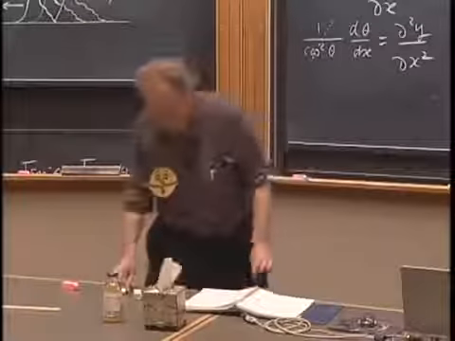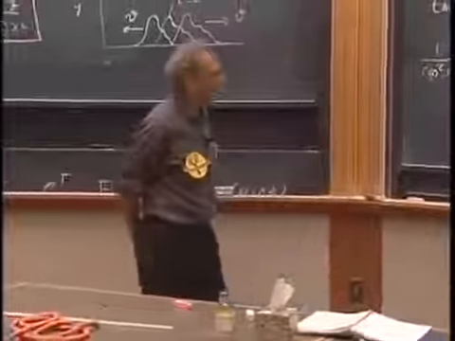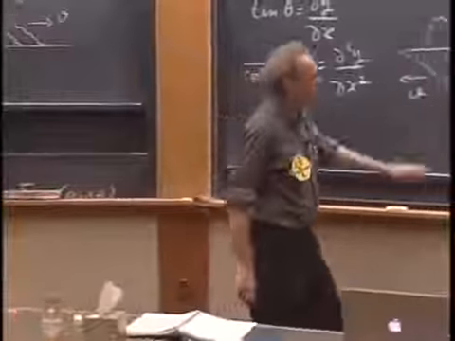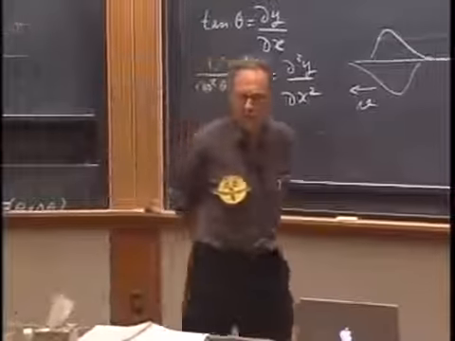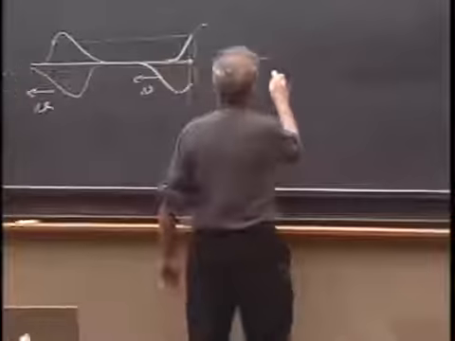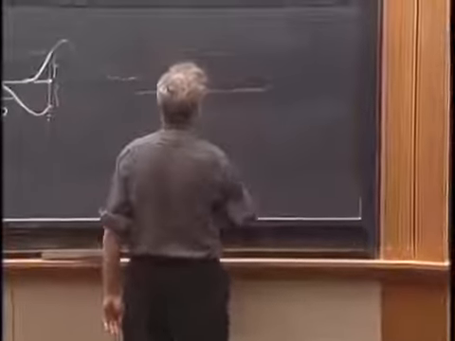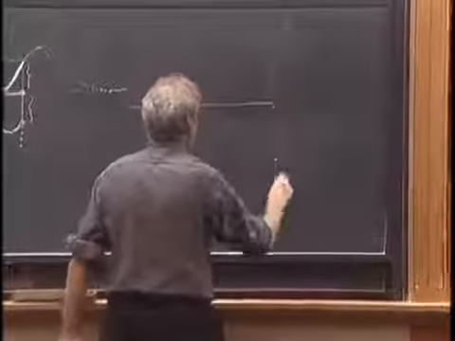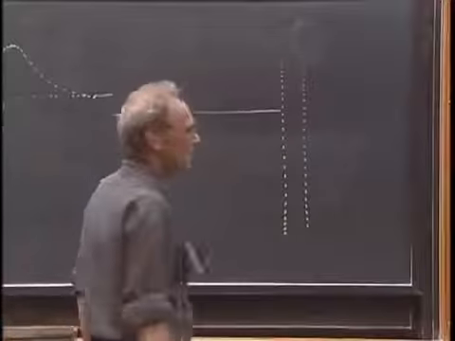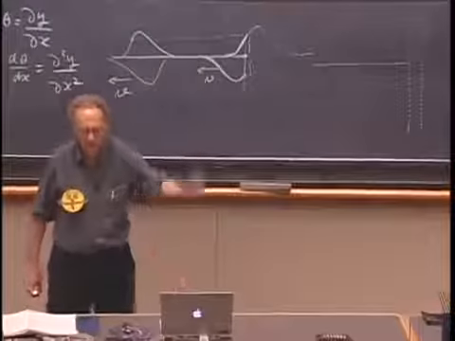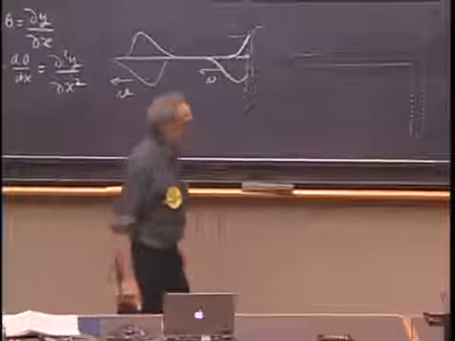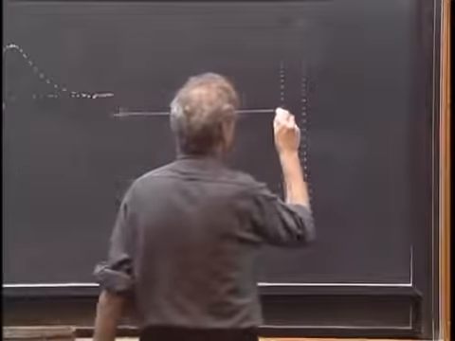I can change the boundary conditions. I don't have to keep this point fixed. And I can do that in the following way. Here is my string. I have here a metal rod. We put oil and grease on it so that it's completely frictionless in this direction. And we mount here a massless ring.